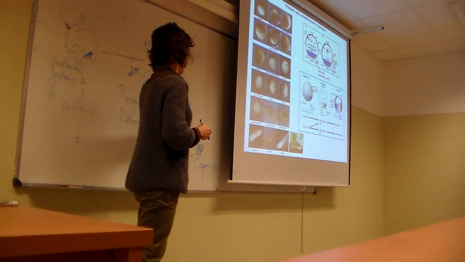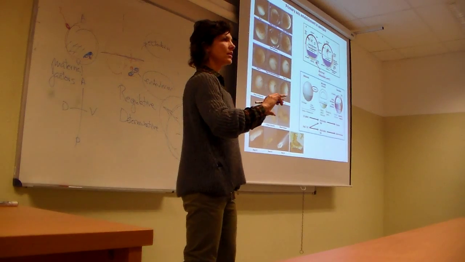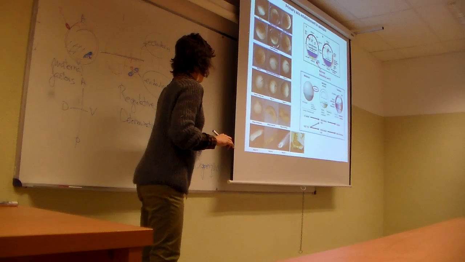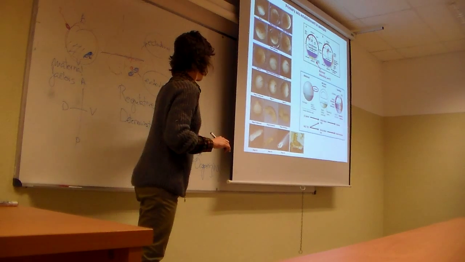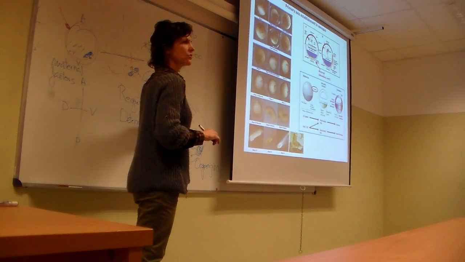Okay, it's cells that secrete molecules that are able to pattern, okay, to give different identities to the field that is next to them.